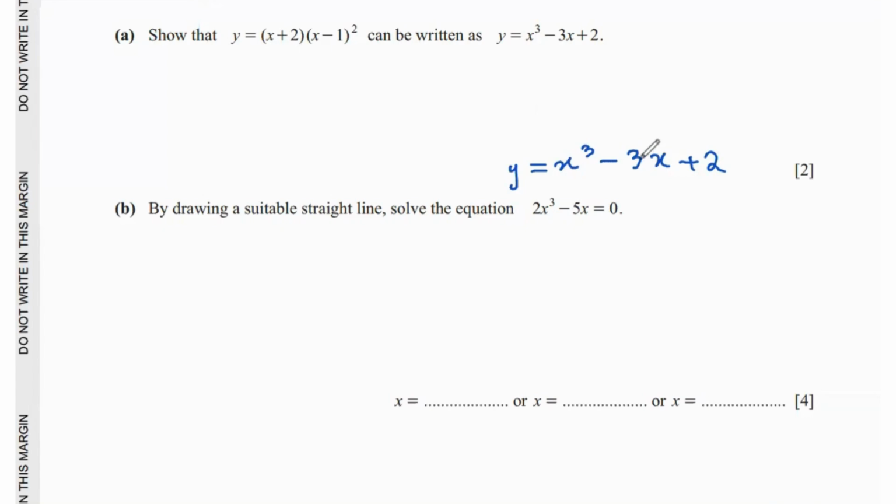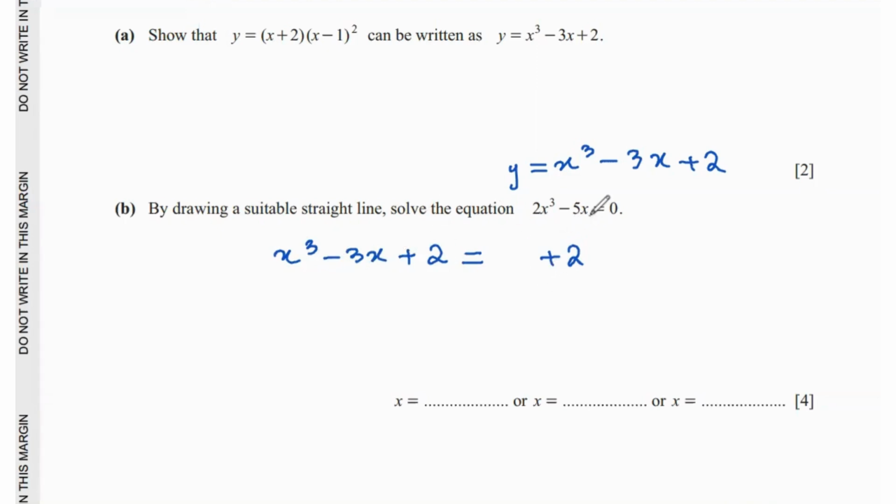So to turn this equation into this, first we need to deal with the 2. To get rid of the 2 over here, there needs to be a plus 2, because when we bring the 2 over here, that will eliminate the plus 2 and make it x cubed minus 3x.